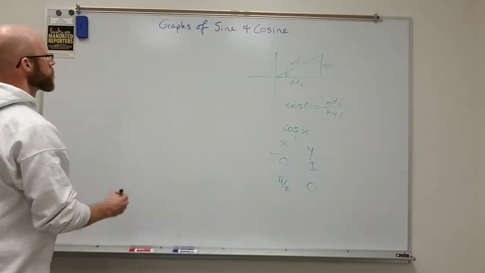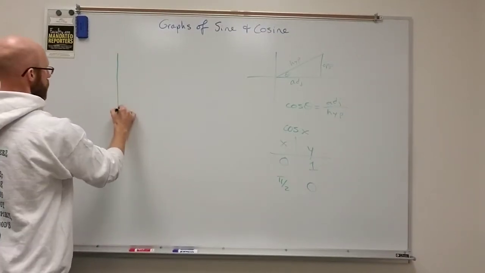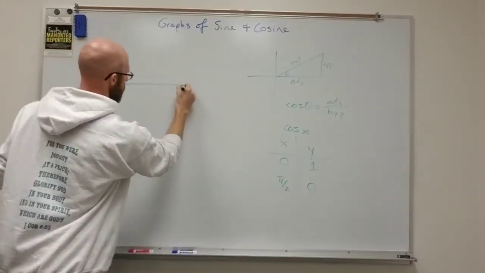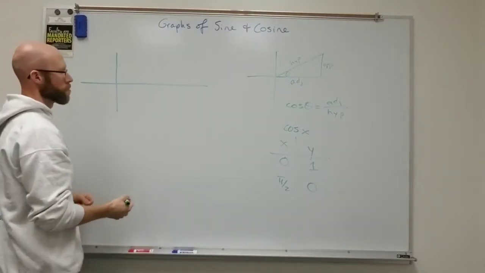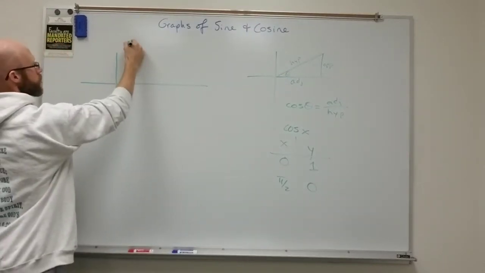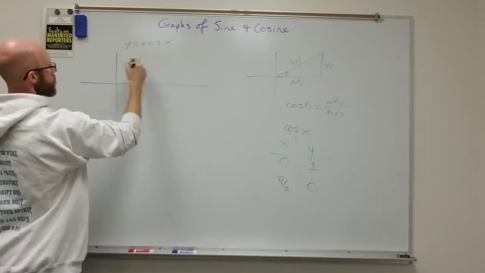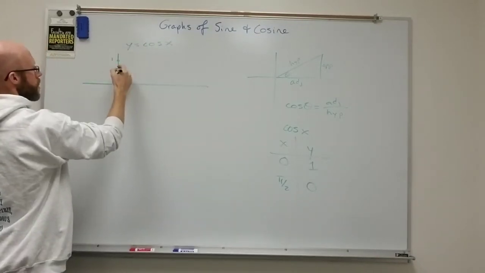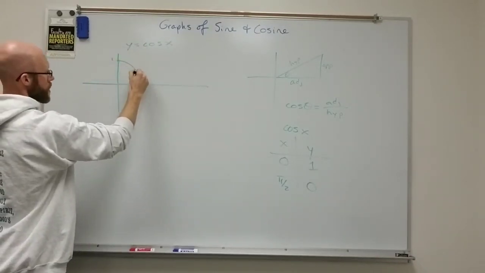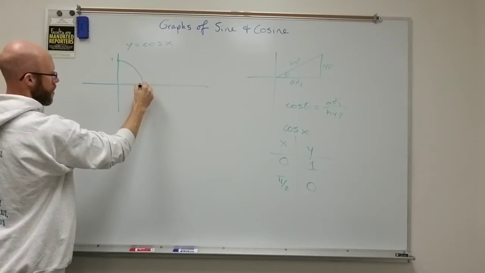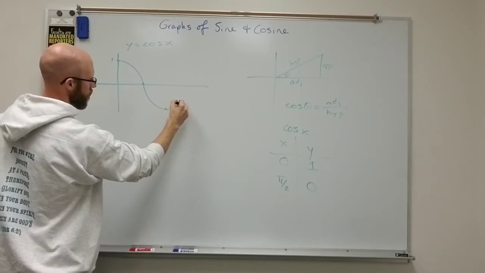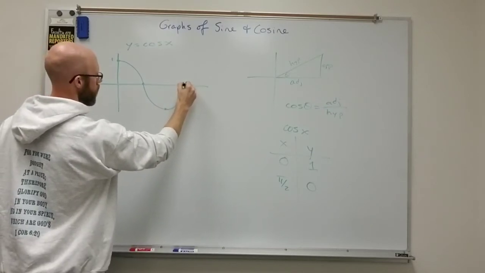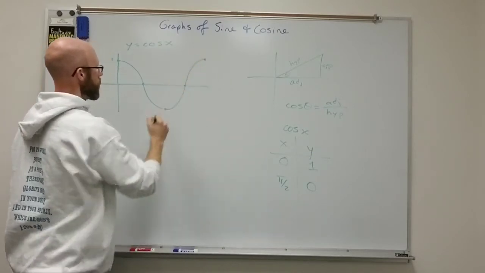Okay? So the cosine graph, like I said, the period ends up being the same, but for y equals cosine x, you start up at 1, drop down to 0, then down to -1, then up to 0, and then up to 1, okay?